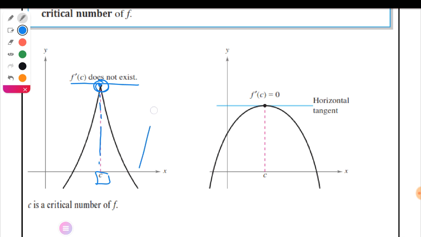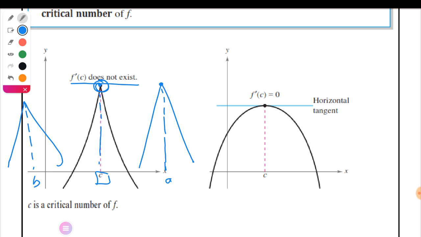Also, if we have a sharp point, a cusp or break, take the value of x at this point, which I name, for example, a. It is critical. These three cases have a critical number such that the derivative does not exist at it.